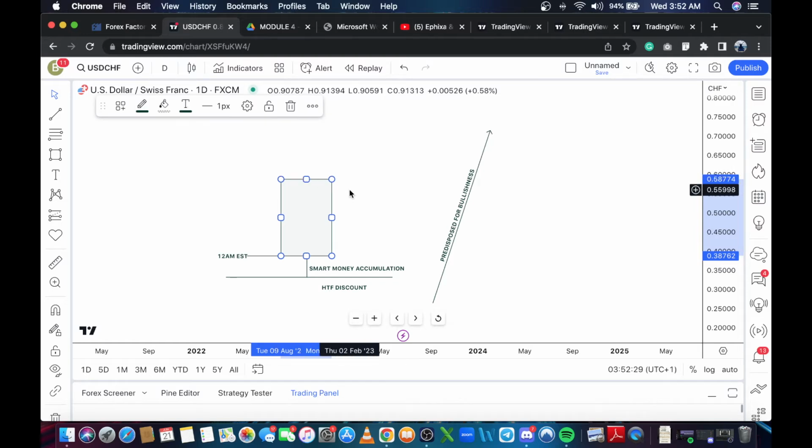If you went through the short-term trading module, we talked about how when you're aiming for liquidity, you always want to aim for liquidity on a time frame which is lower than the time frame that your idea originates from. So if our idea originates from the higher time frame here, which is daily discount or weekly discount, we're looking for like a 1-hour premium array or a 15-minute premium array to target intraday setups.